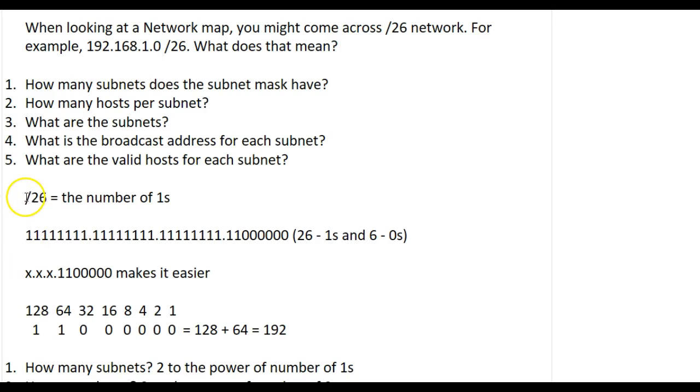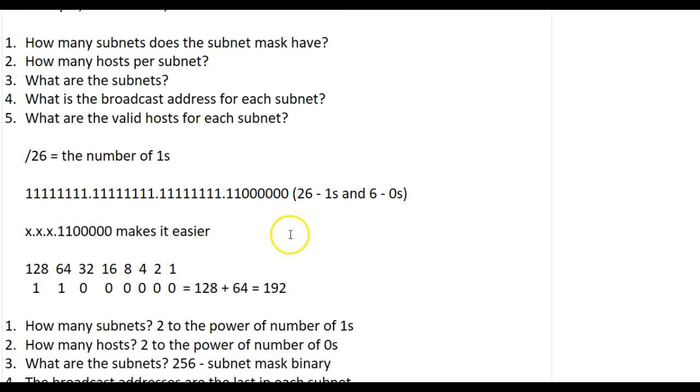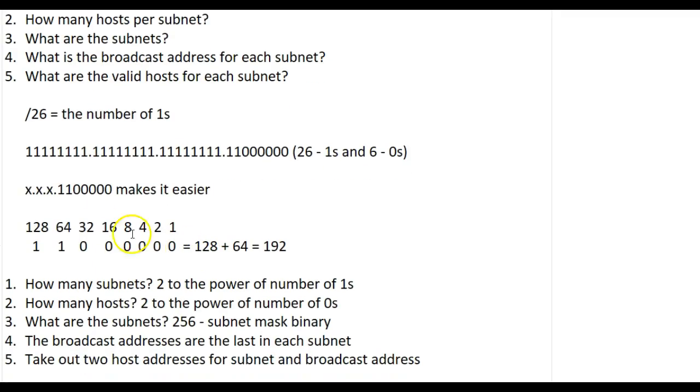26 is going to represent the number of ones. So if you do 26 ones, this is going to be 8, 16, 24, 25, 26. This is written out the 26 network. And what that does is it leaves you with 6 zeros. To make it easier, you can put X's in there.